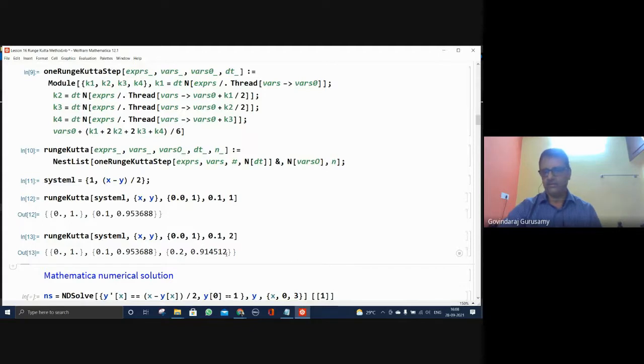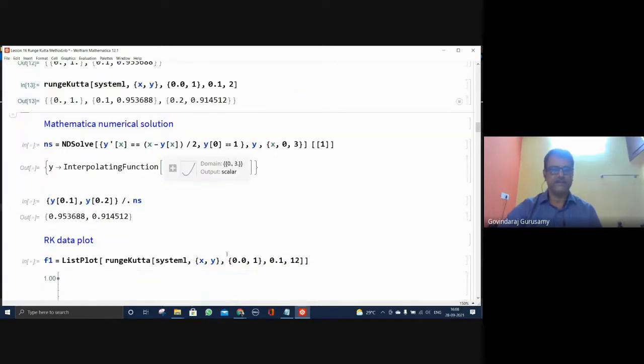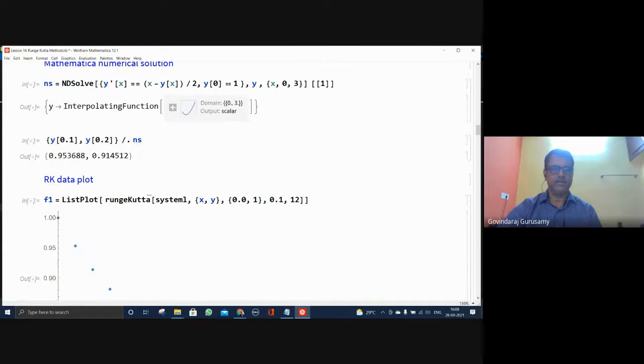That is also right. Okay. Do this mathematically with the numerical solution. You have the end solved, interpolation, check the number. Okay. 0.9536 and 0.914512. That number you are also able to get.